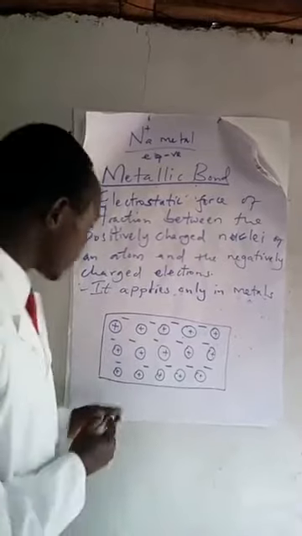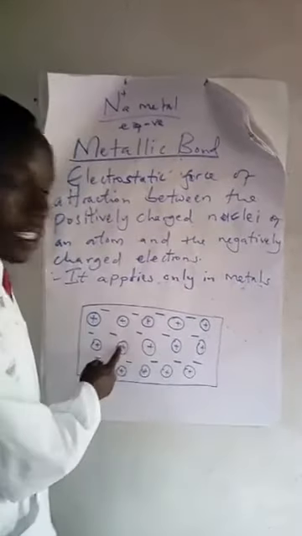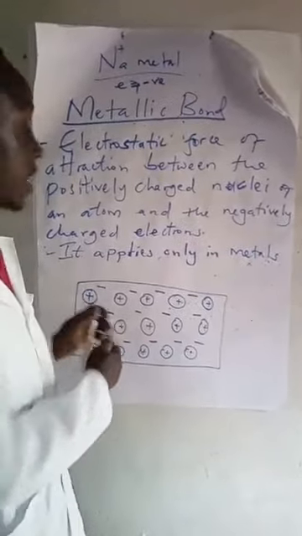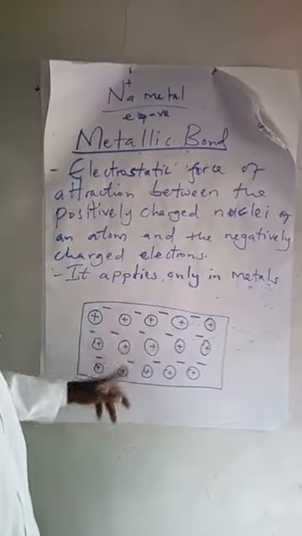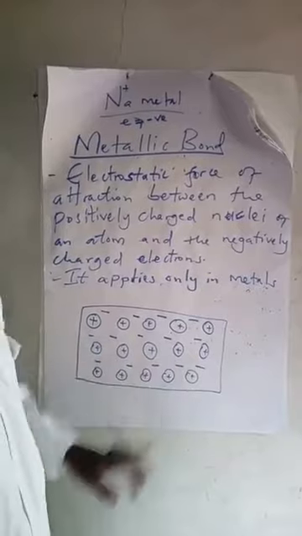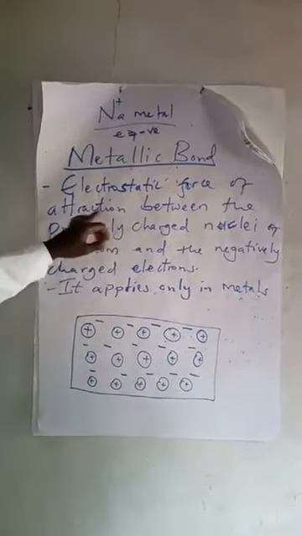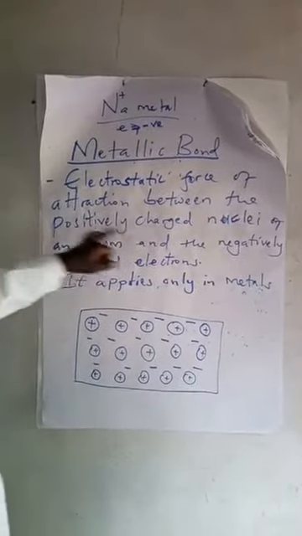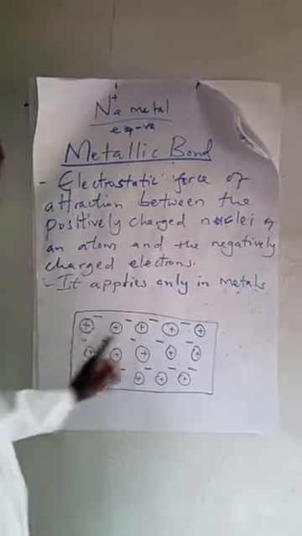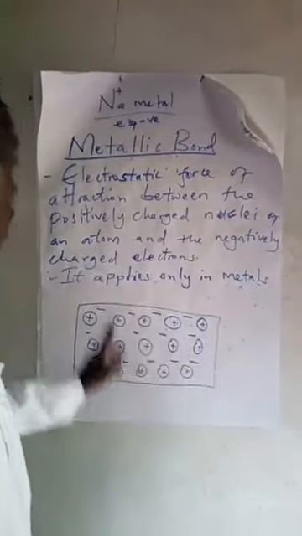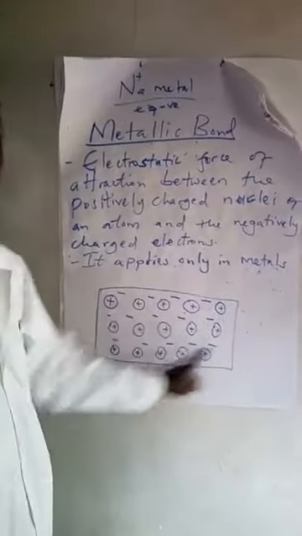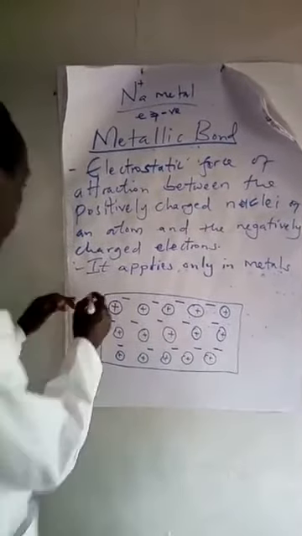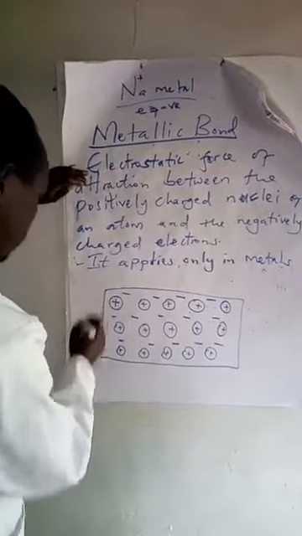So every other electron is attracted to the positively charged nucleus. As we already know, the nucleus is positively charged due to the presence of protons. So it is attraction between the positively charged nuclei, these positive charges here, and the negatively charged electrons that are surrounding it.